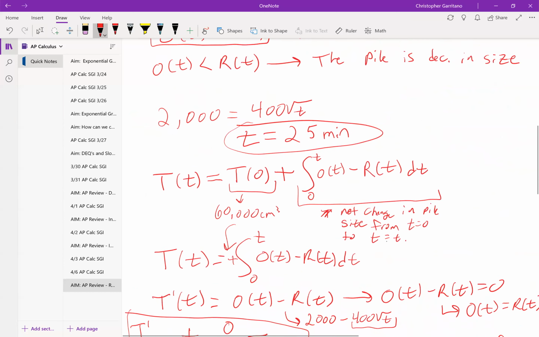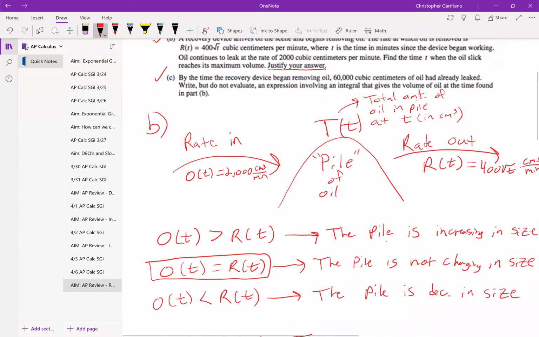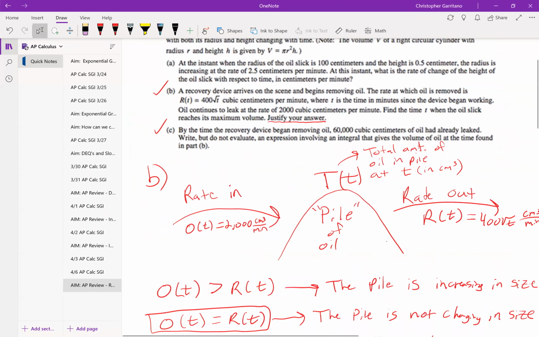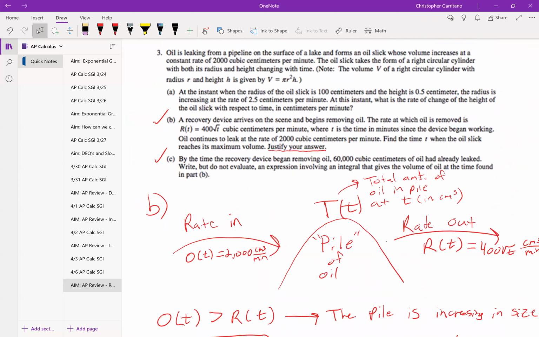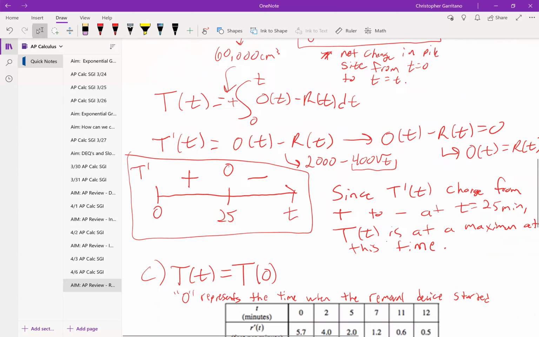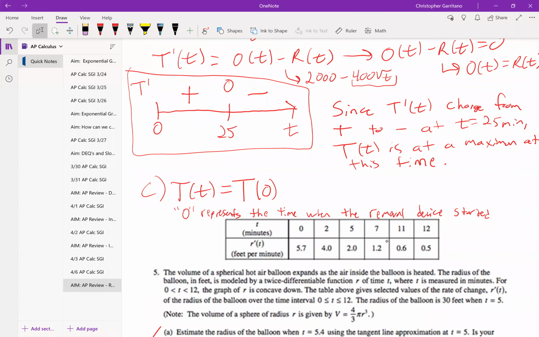Because they're not really specific with us. They don't really tell us at what time that was. So I'm just going to say, all right, we started counting when that happened. Okay. So how much oil was there initially? So that's big T of 0. Now plus that integral from 0 to, let's just use the letter B in this case.